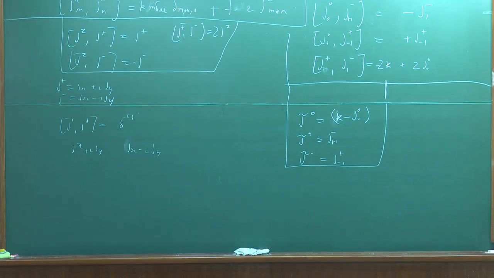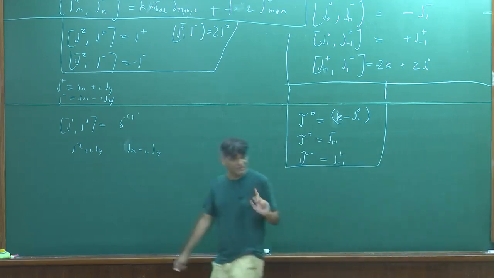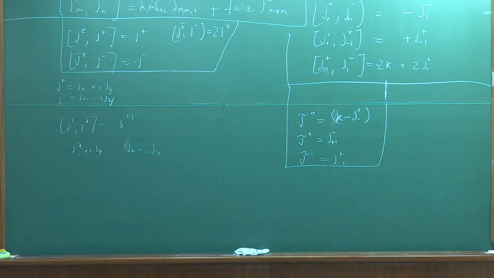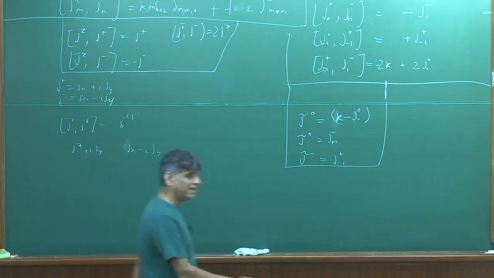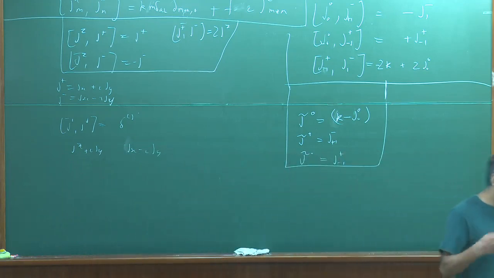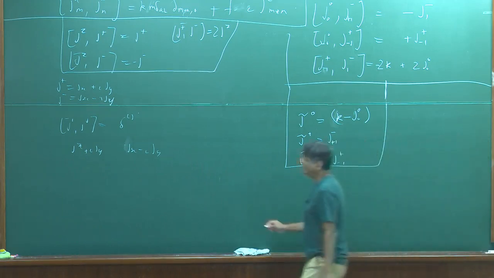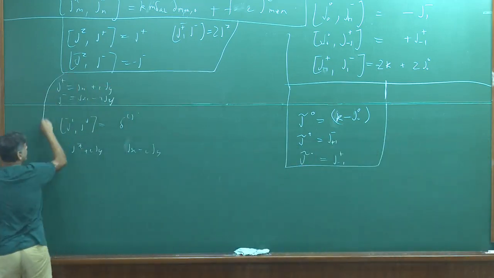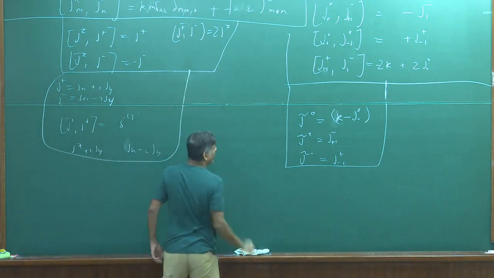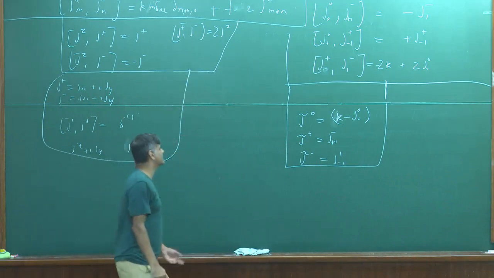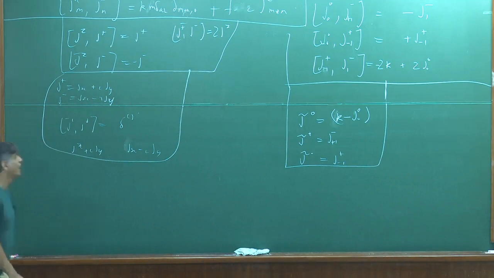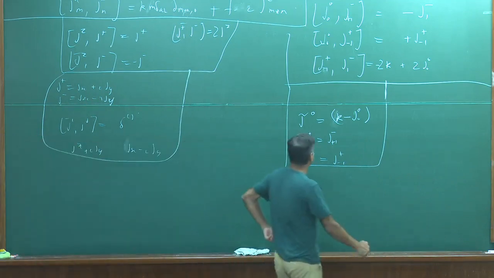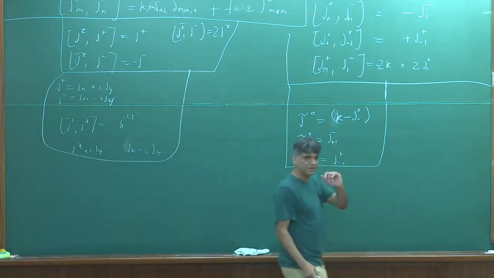Now, in order to understand the implications of this new algebra, the next thing I'm going to do is, actually, immediately we can see, it will be easier once we go to that.